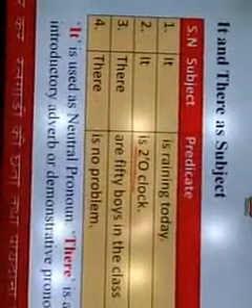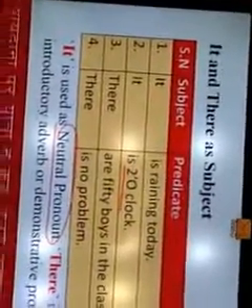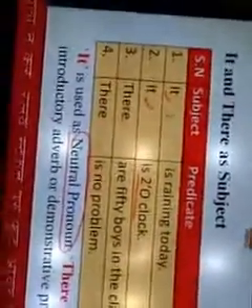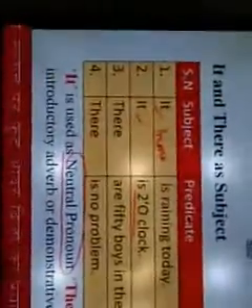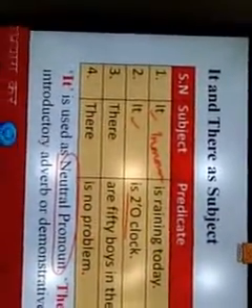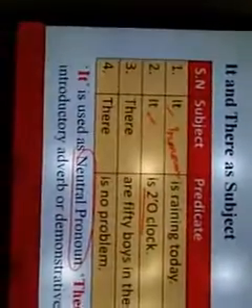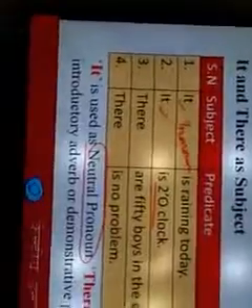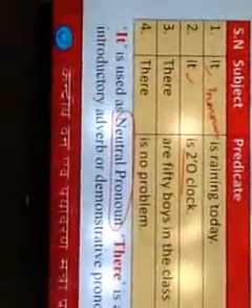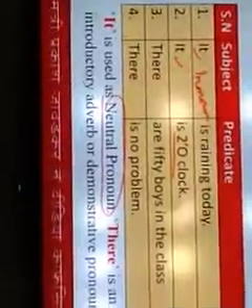It is used as a neutral noun. Yes, it is a kind of pronoun. It is used as the subject. Sometimes there is also used as subject. There are 50 boys in the class.